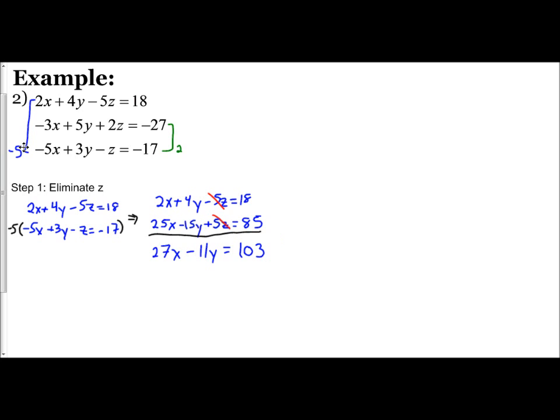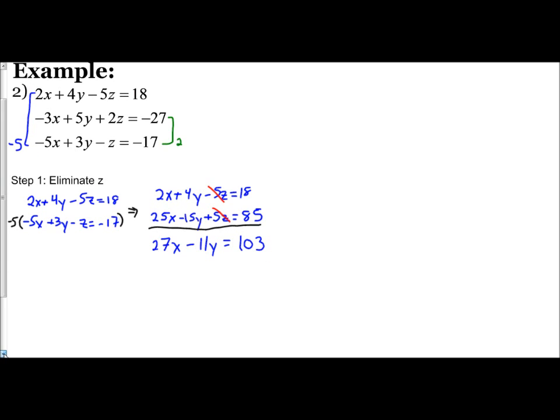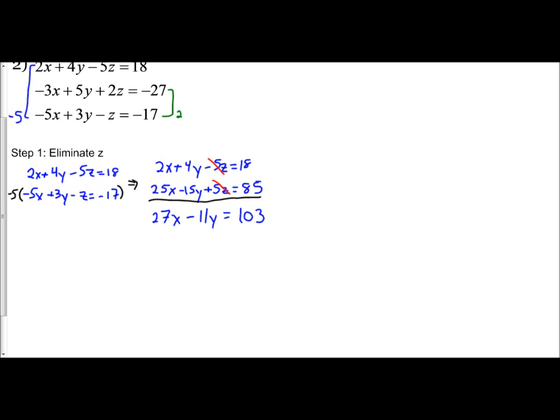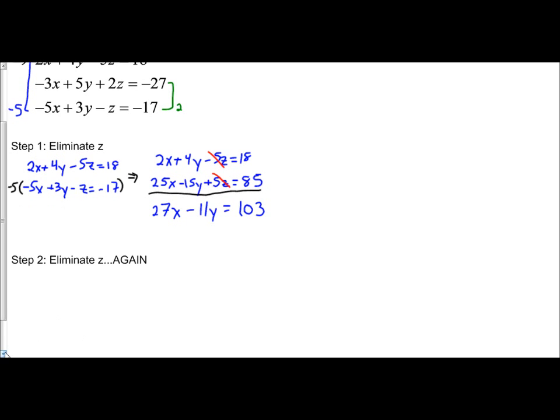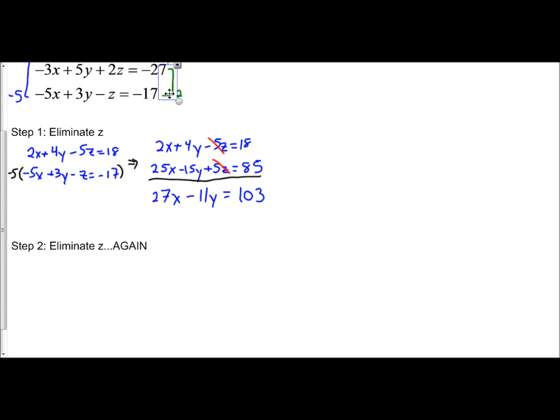by pairing the first and third equation. So for step 2, we eliminate the z again. We want to create two equations, a new system that has the same variables. And so that was what I marked in green here.